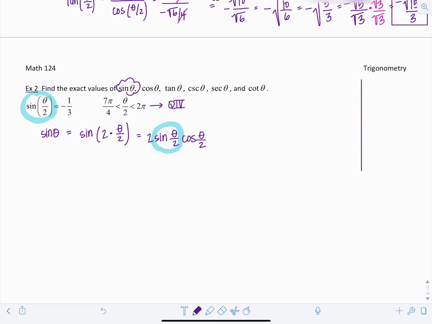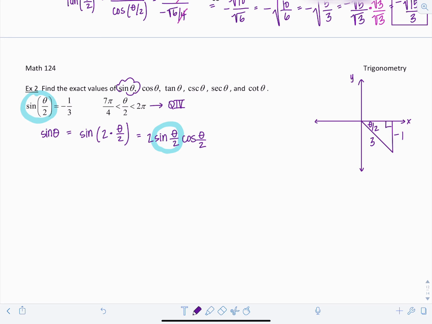So I know theta over 2 is in quadrant 4, so we'll put our triangle there. X-axis, y-axis. So here's theta over 2, and they told me sine of theta over 2 is negative 1/3. Okay, so that means the opposite side is going to be negative 1. The hypotenuse is always positive, that's 3.